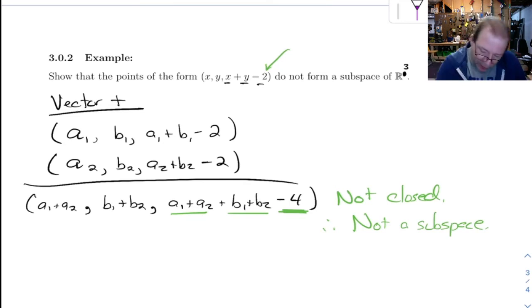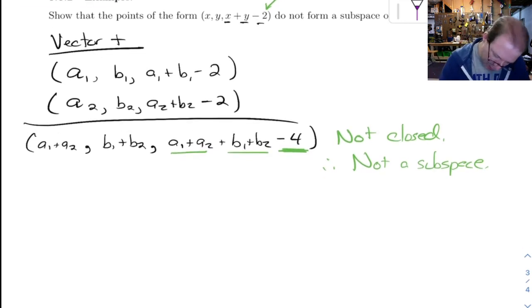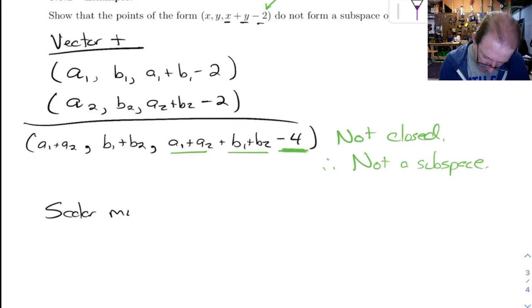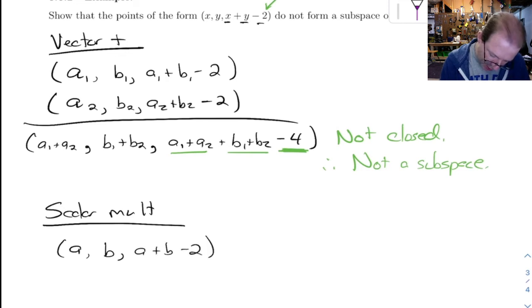Now we don't have to do scalar multiplication, but I want to do it anyway. If we look at scalar multiplication, we're going to take an arbitrary vector, A, B, A plus B minus 2, and multiply that by a constant, K. When you do that, you get AK, you get BK, and then you get AK plus BK minus 2K.